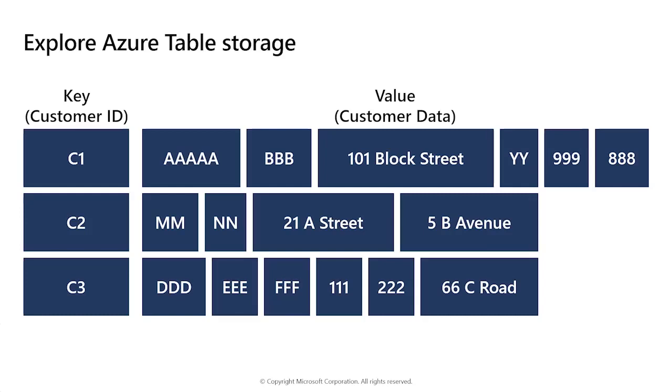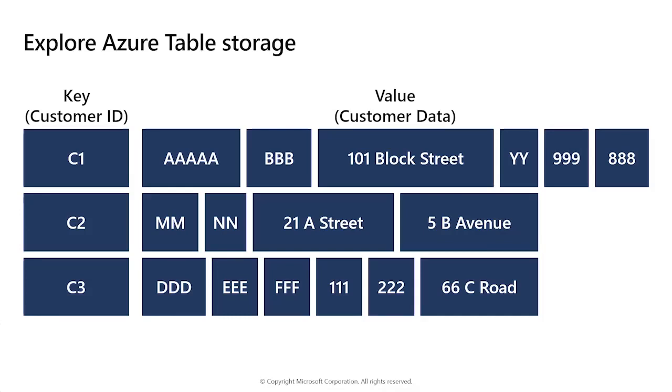The key in an Azure Table Storage table has two elements you need to be aware of. There's a partition key, which identifies the partition that contains the row, and the row key, which uniquely identifies each row in the same partition. Items in the same partition are stored in row key order. Azure Table Storage is commonly used for storing terabytes of structured data capable of serving web-scale applications.